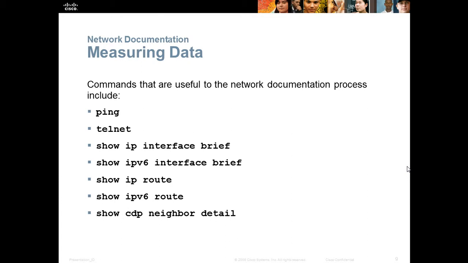Measuring data: we use commands that are useful to the network documentation process, such as ping, telnet, show ip interface brief, show ipv6 interface brief, show ip route, show ipv6 route, and show cdp neighbor detail.